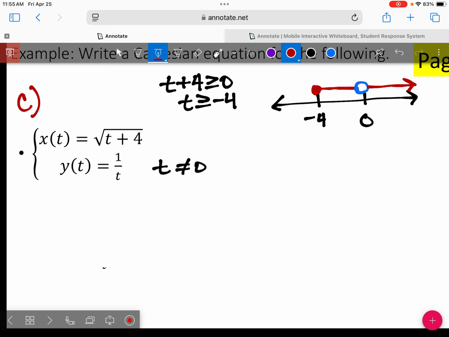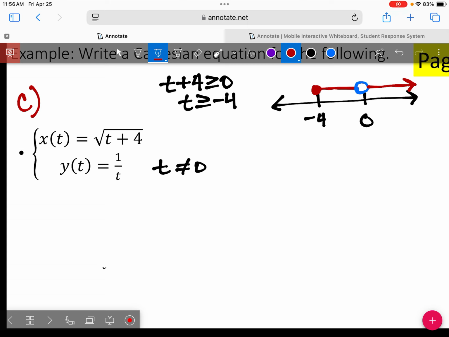The first red light says you have to take the square root of 0 or a bigger number. And the second red light that you all should know is you cannot divide by 0. It's impossible. So out the gate, we already know that our domain is not going to be straightforward. So now I'm just going to leave that graph right there, and I'm going to solve it to see if there's any other restrictions I need to add to my domain.